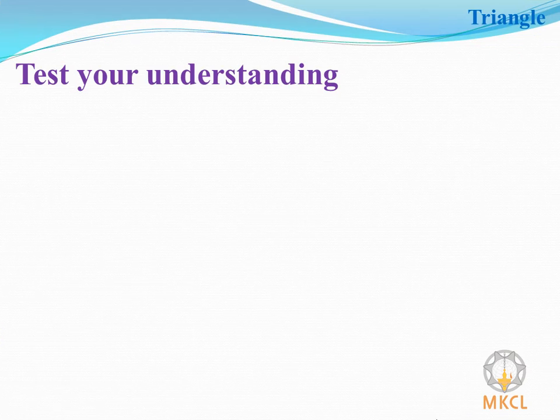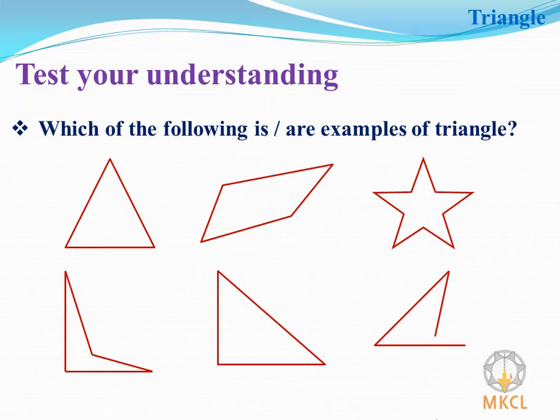Now based on the above concepts, these are some examples for your understanding. Please solve the examples. The first one, which of the following is or are examples of triangle?